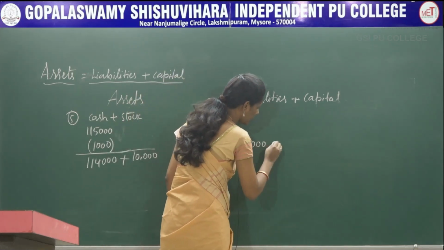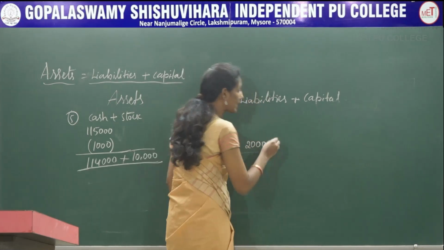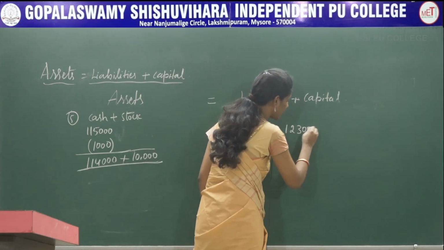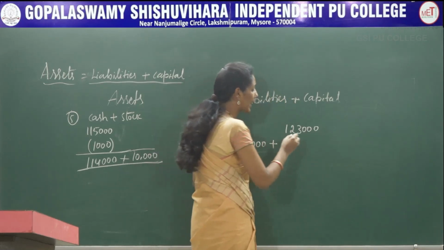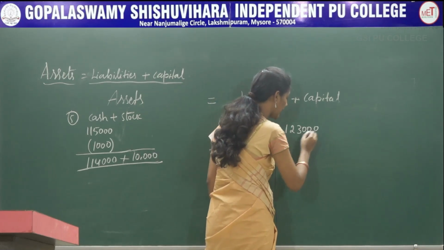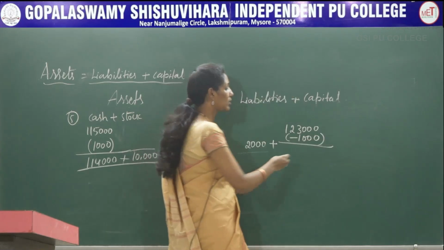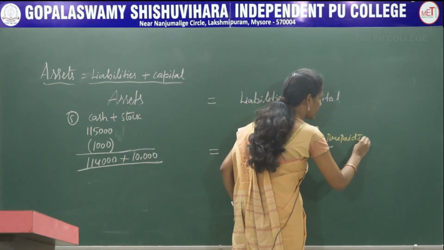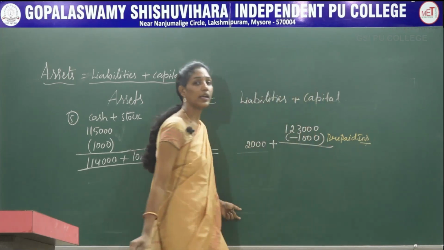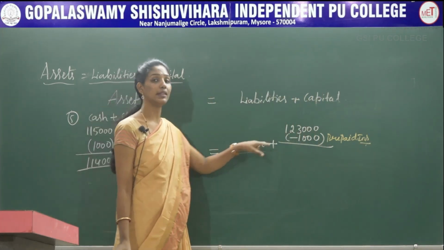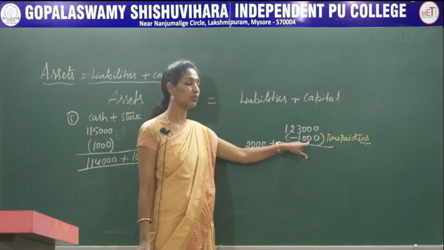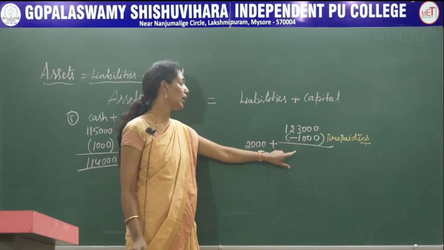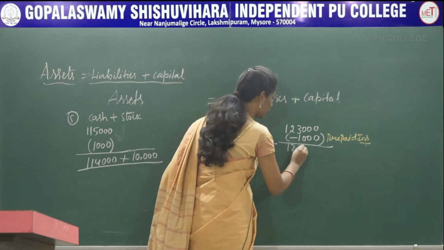So now coming to the other side of the equation, so there is a liability, that is 2,000. Plus, so now what is the capital amount? That is 1,23,000. From 1,23,000 you should deduct 1,000 because prepaid insurance is an expenses to the business. That's why you have to deduct 1,000 from the capital balance. 1,23,000 minus 1,000, you will get 1,22,000.